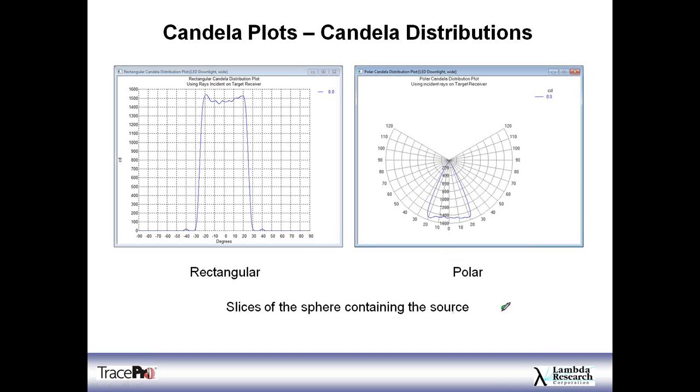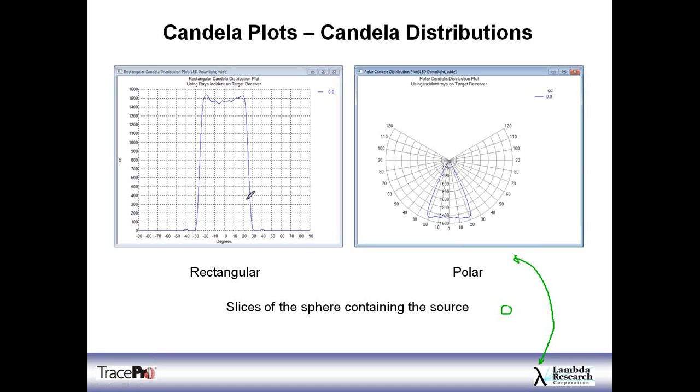If we had a source here, this would in effect be rotating a detector around a source like this, and then displaying that data here. And you can add multiple slices to this if you want. In this case, I'm showing only a single slice because my data is symmetric. But if you had an asymmetric source, you could add additional slices and see that asymmetry in angular space.